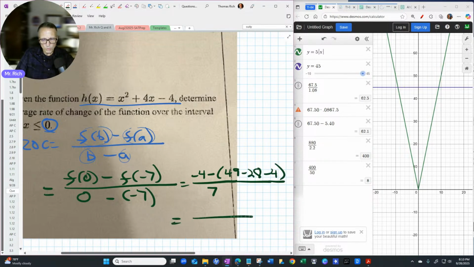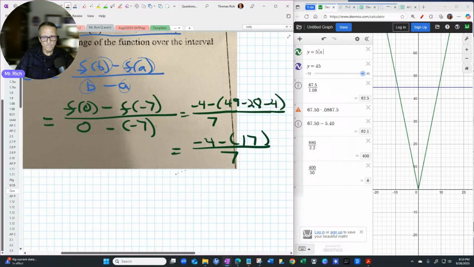So just doing some quick math, this is -4 minus what's in parentheses, which gives me 21 minus 4, which is +17. Then -4 minus 17 is a -21 over +7. So the average rate of change is -3.